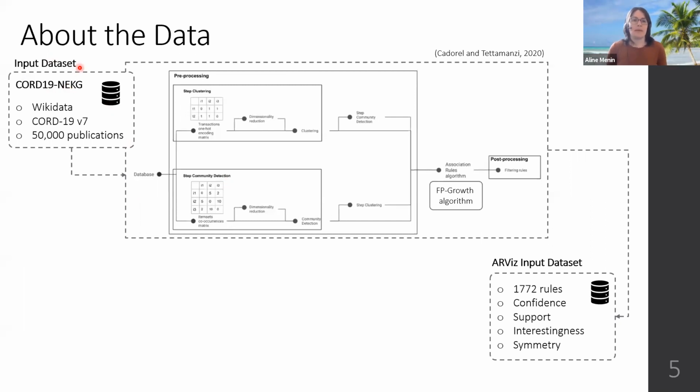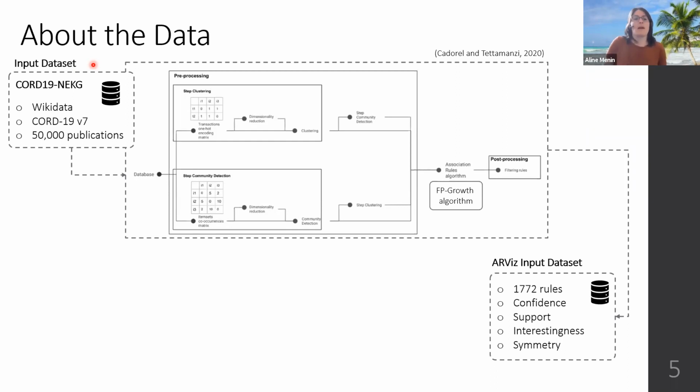One is the named entities that have been extracted from the publications, and another one is the argumentative graph. We are using the one with the named entities, so the CORD-19 named entity knowledge graph. And particularly, we are focusing on the named entities that have been identified and disambiguated using the Wikidata entity fishing tool.